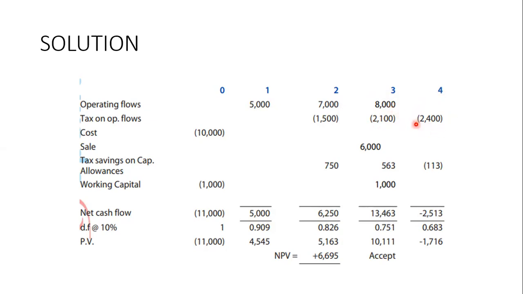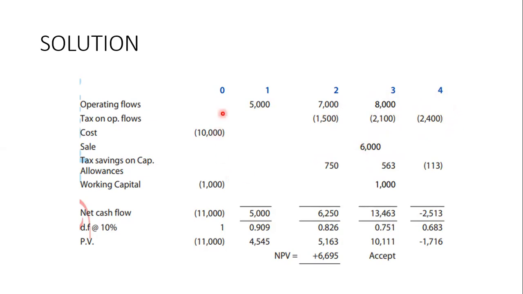You push that to year 4 because tax is paid in arrears. So you lay them out beautifully. And then at the end of the project, there's going to be the proceeds coming from the sale of the equipment of 6,000. So that comes in at year 3. So basically, we've laid out all our cash flows.